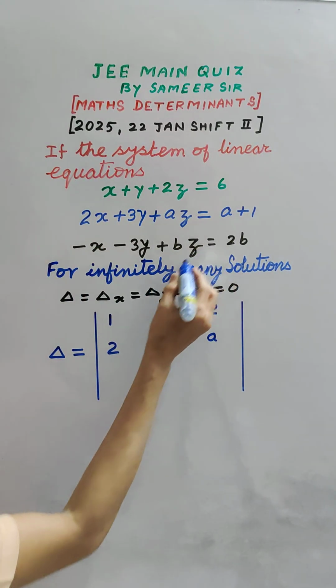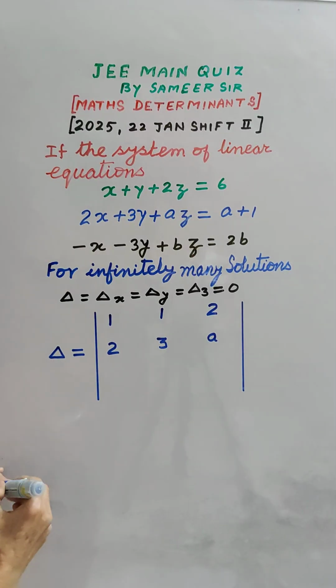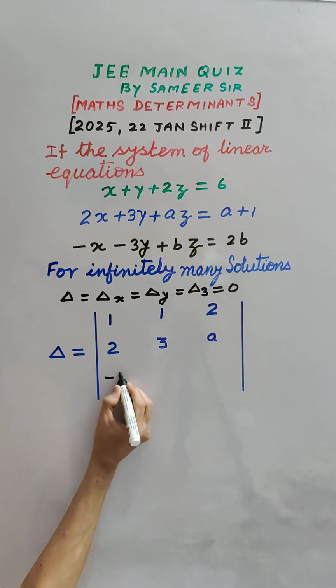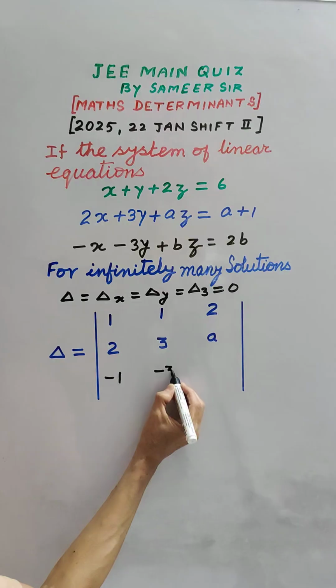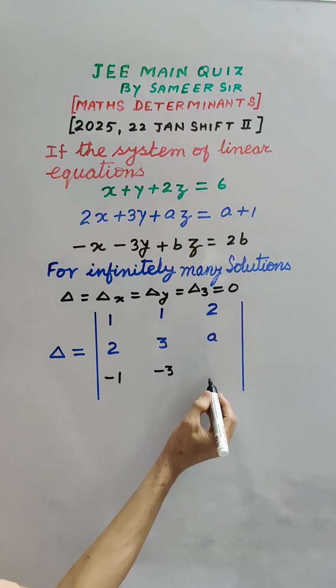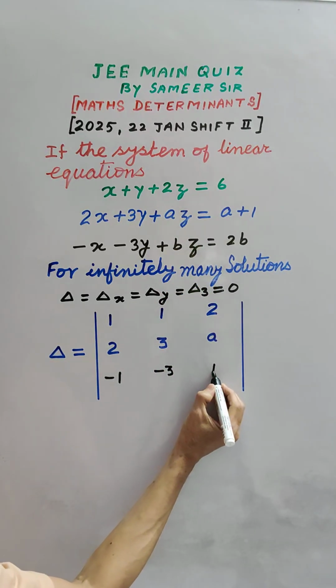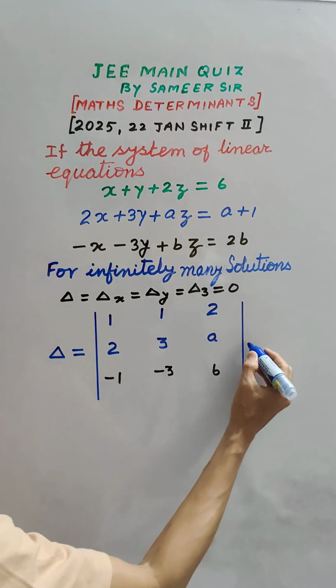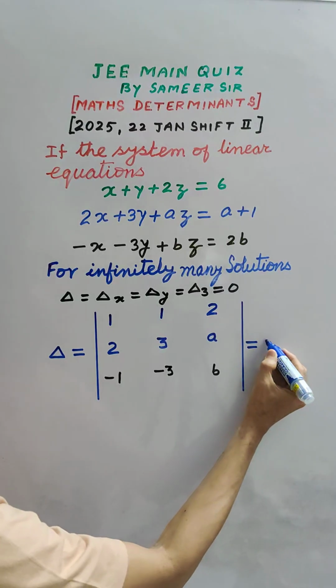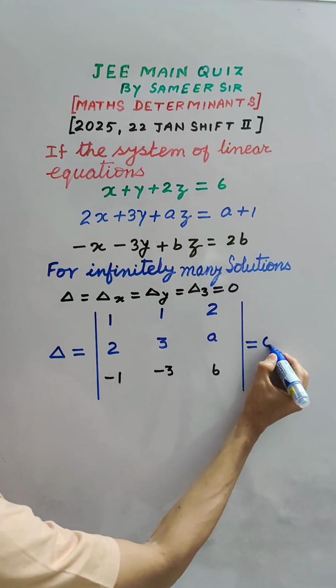For the third one, coefficient of x is -1, coefficient of y is -3, and coefficient of z is b. These all are equal to 0 for infinitely many solutions.